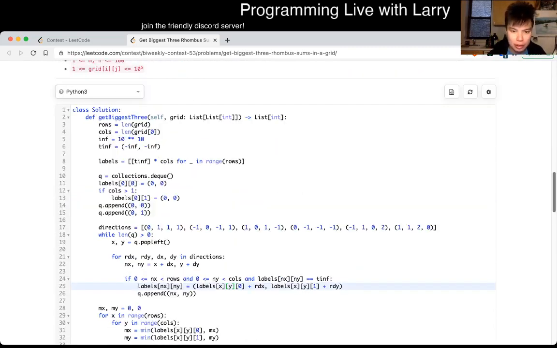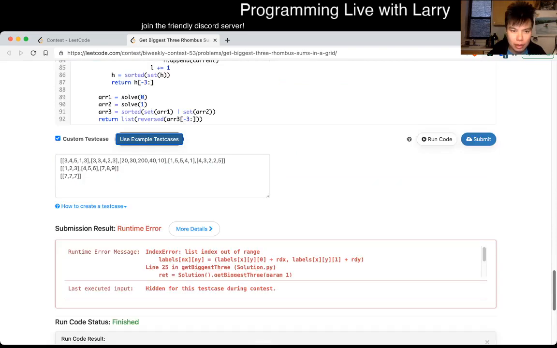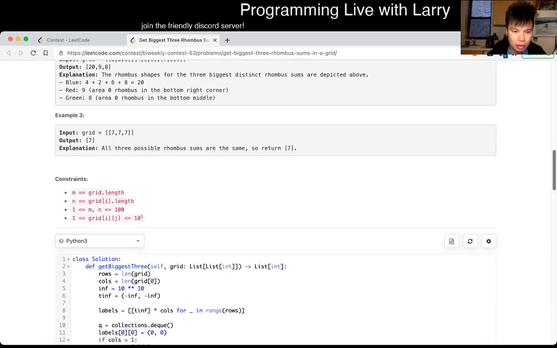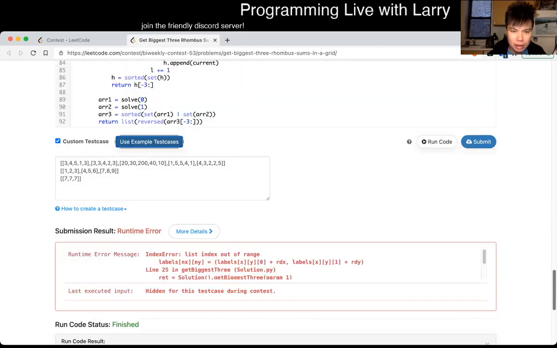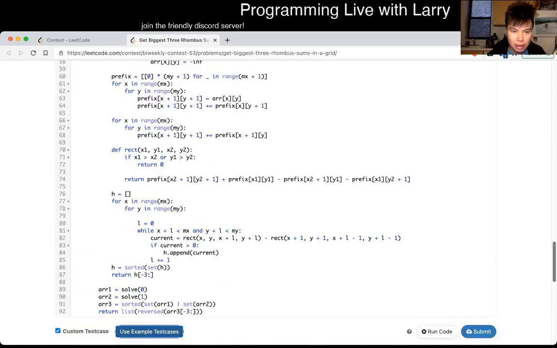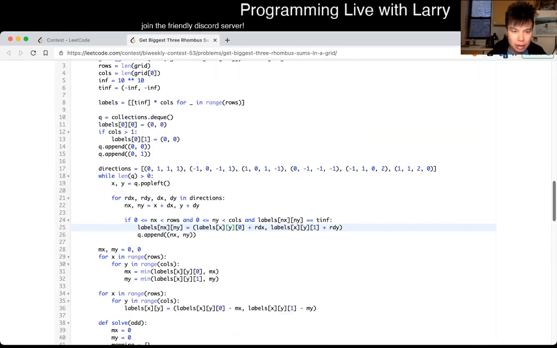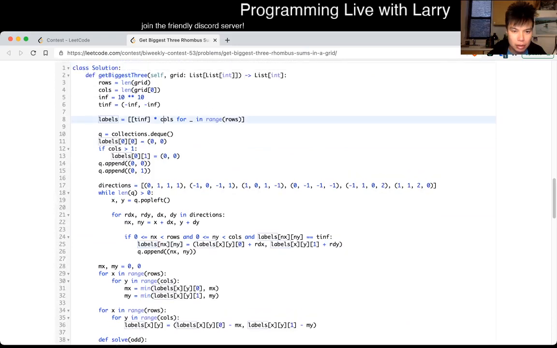That's weird. What is giving me the wrong answer? Can it be 0? No. What? Labels is close.